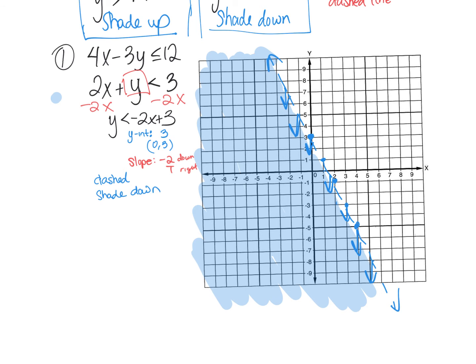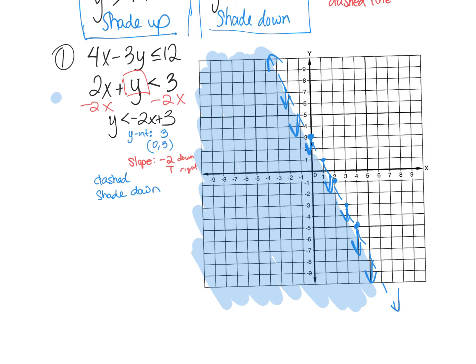But the points on the line are not solutions because it's dashed, right? The points on the line are where y equals negative 2x plus 3. And so the points on the line are not solutions. Okay, that's an important thing to realize. That's why it's dashed, to recognize that that's not part of the solutions, because it's only less than, not less than or equal to.